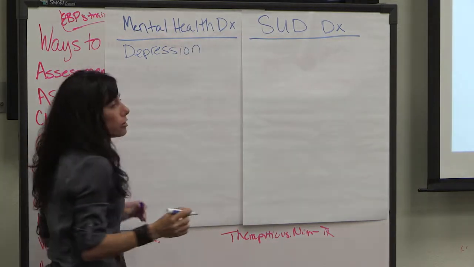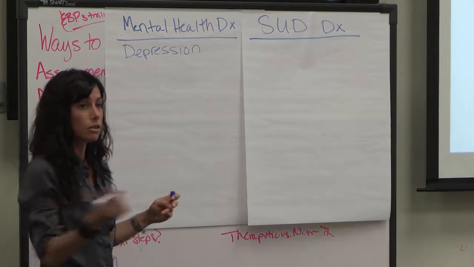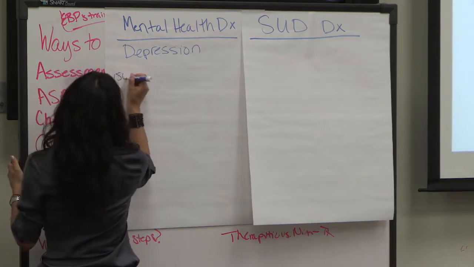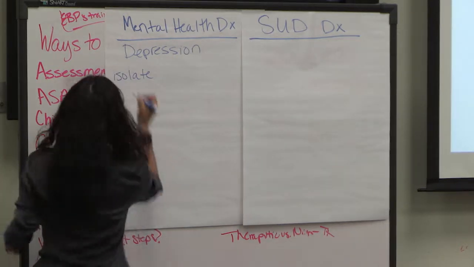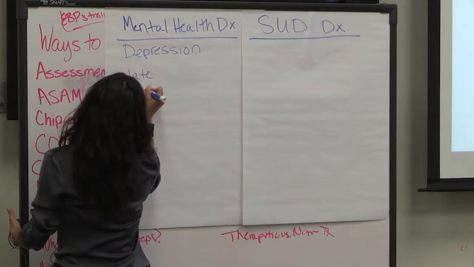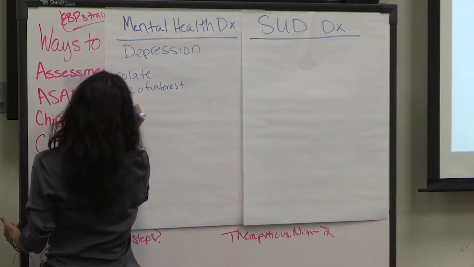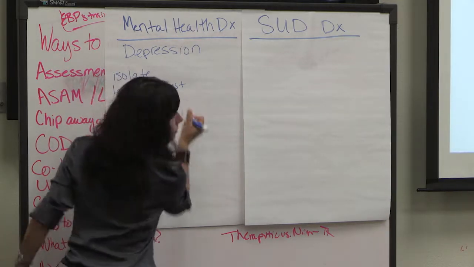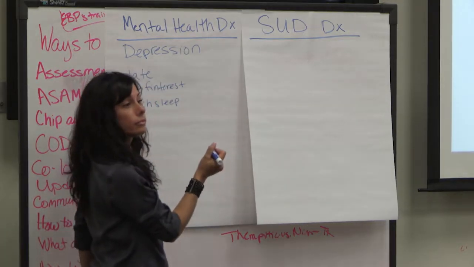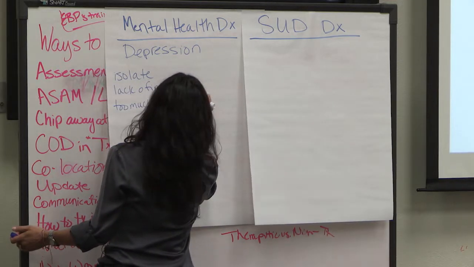And what's the scenario with depression? They have a history of depression? Isolation. So they isolate. Lack of interest. Lack of sleep, or too much sleep, right? So their sleep is disrupted, too much, too little.